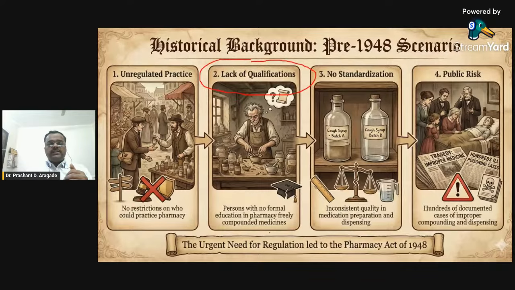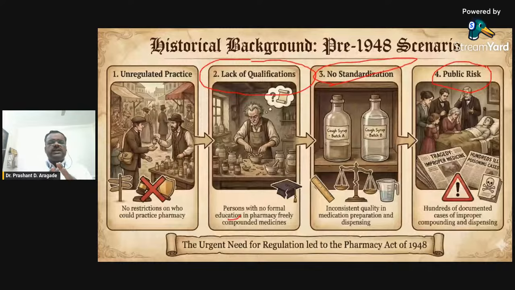Because of that, there was no standardization in medication preparation as well as dispensing. It led to the public being at risk. Hundreds or thousands of documented cases were reported due to improper compounding and dispensing.